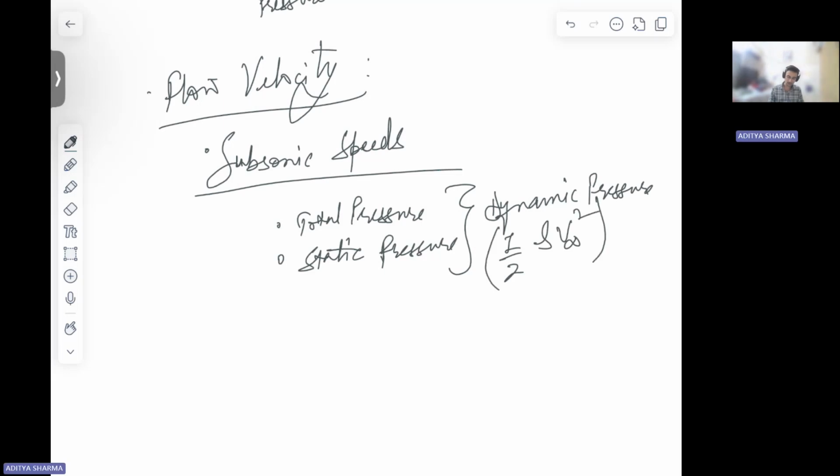Yes, this we can find out. And if we know the density of the flow, the flow velocity v can be calculated.